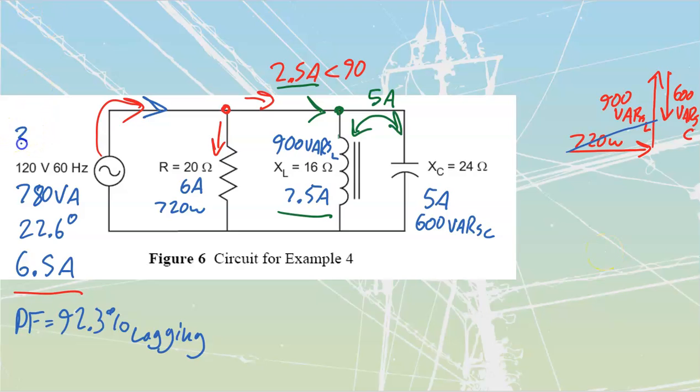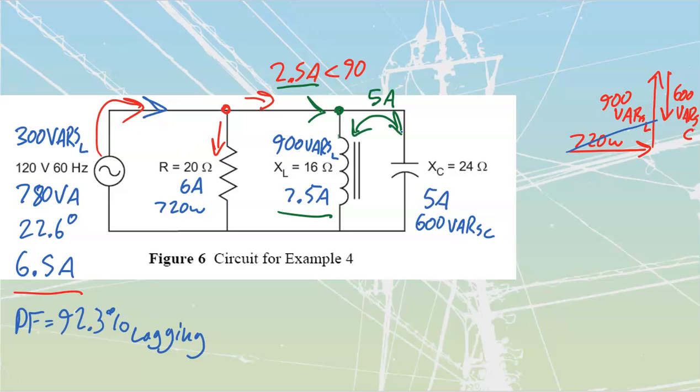We'll place that in there, 300 vars L as my net. That's what I'm going to see from my source. My source is only supplying 300 of those vars. 600 of those vars are being supplied by this 600 vars over here in that back and forth manner that we talked about.